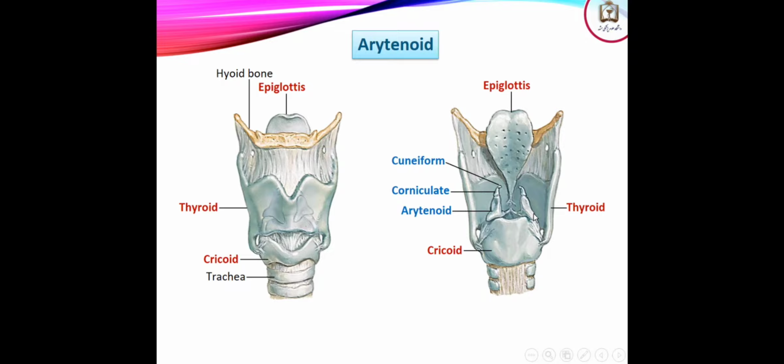So the lateral process is also called the muscular process, and the anterior process of the arytenoid is also called the vocal process.